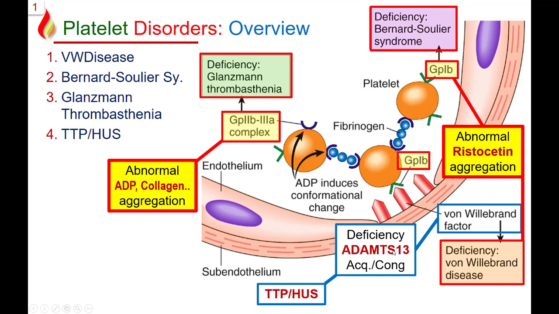That is the specific enzyme which breaks down von Willebrand factor. Now there are disorders, both congenital and acquired, of deficiency of ADAMTS13, and they are seen in thrombotic thrombocytopenic purpura and hemolytic uremic syndrome.